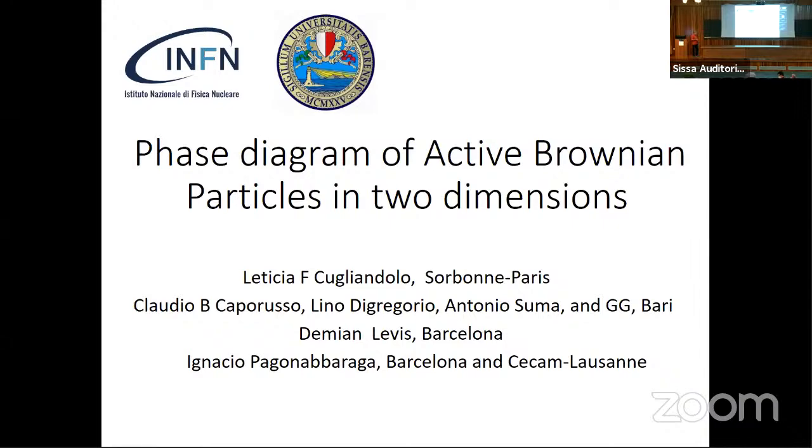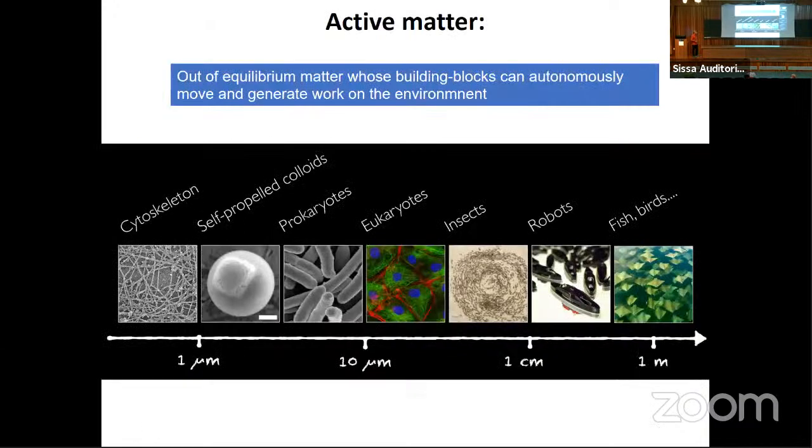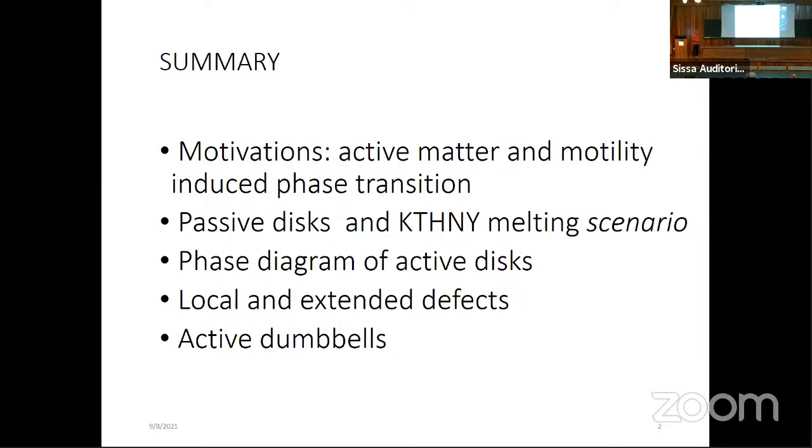And so the summary of this talk is the following. We have already seen some talks today about active matter, so you already had an introduction to the topic. In this particular seminar, I will focus more on some general features of the phase diagram of active Brownian particles.